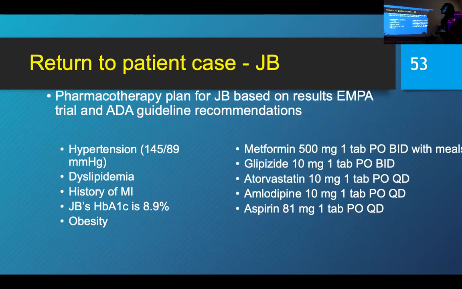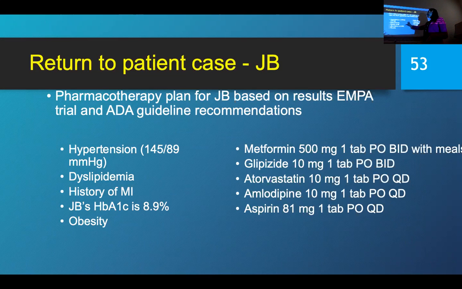Okay. So, returning to our patient, we wanted to know what is the best pharmacotherapy plan for JB based on the results of the EMPA trial and the guideline recommendations. Remember, she had hypertension, dyslipidemia, history of myocardial infarction, A1c was 8.9, and she was obese.